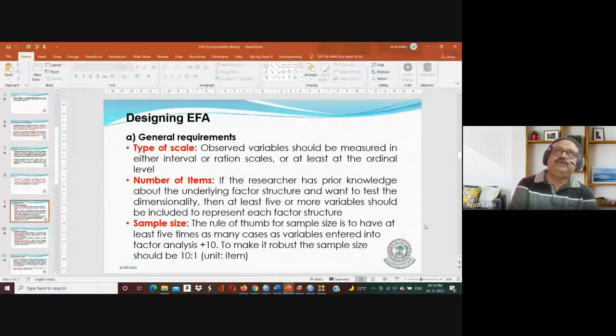So if you have certain knowledge that this particular phenomenon or issue can be well measured with the help of these 5 factors, then if it is a 5-factor structure you are anticipating, you should have at least 25 variables, 5 variables per structure.